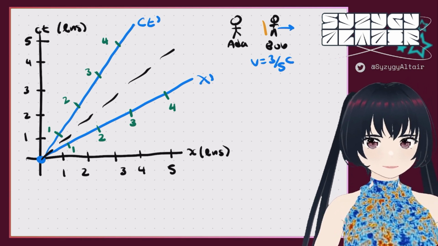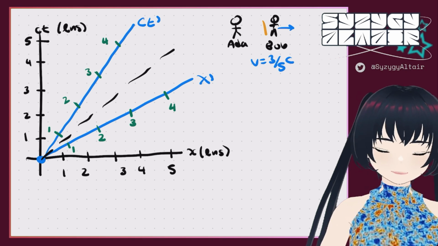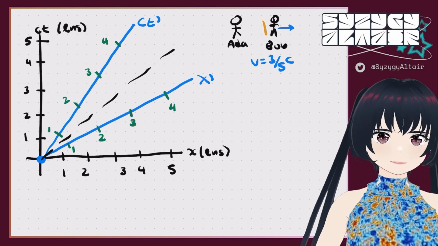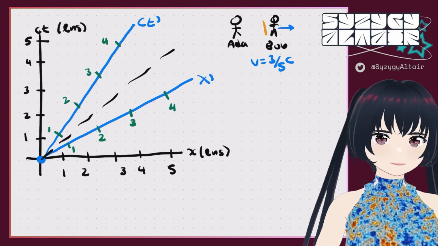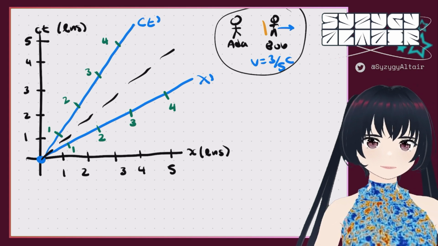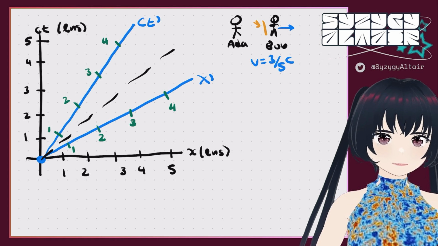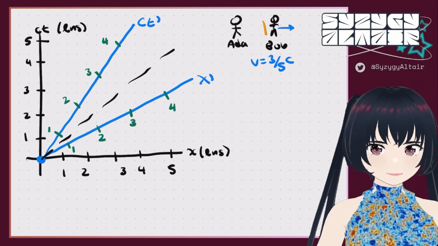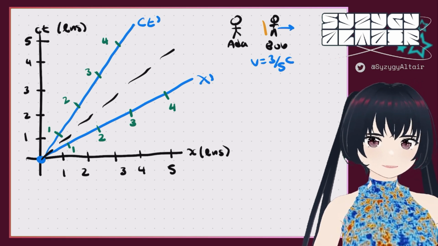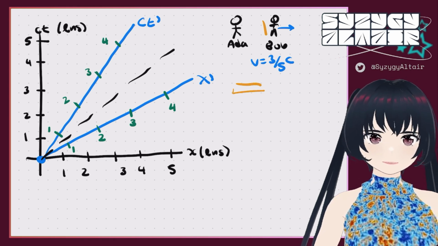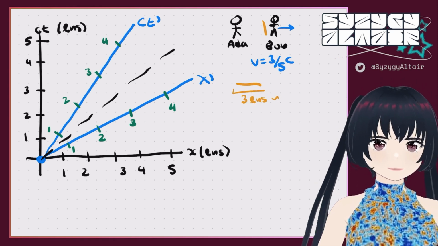Again, we can keep our two observers, Ada, who is stationary, and Bob, who is moving at 3/5 of the speed of light relative to Ada. Let's say that Bob's holding a stick, so he and the stick are moving at 3/5 c with respect to Ada. We can say that the stick is 3 light nanoseconds, or 3 feet long, just for simplicity.